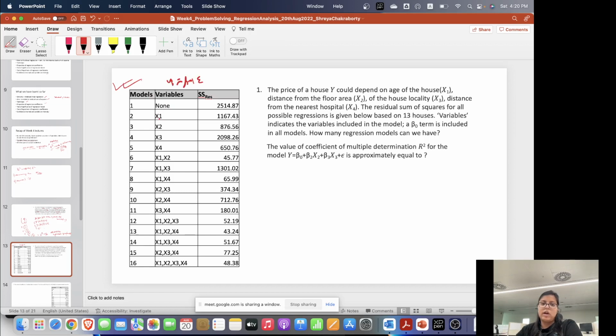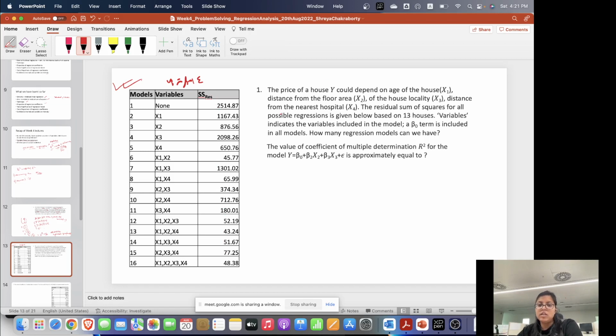This one is y equal to beta naught plus beta 1 x1 plus epsilon, and so on. And these are the residual sums of squares which we have obtained by fitting each of these models, and then getting the estimates, calculating the residuals and their sum of squares. So this information is already provided to us.